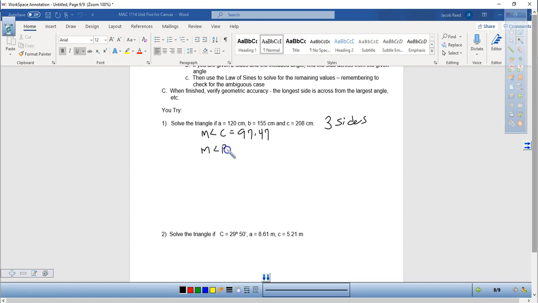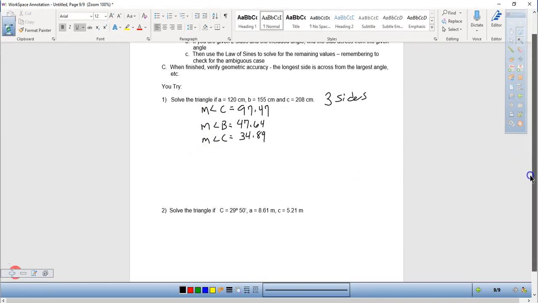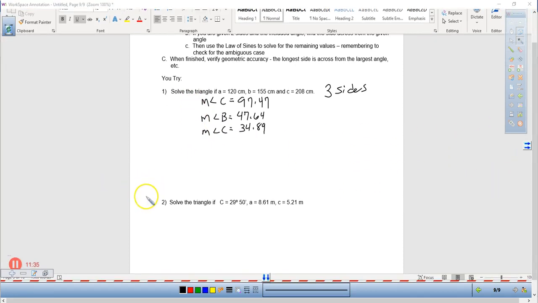Measure of angle B is 47.64, and measure of angle C 34.89. Okay. And the bottom one, this one is a side-side angle, so it means it's ambiguous. You have to check for ambiguity.